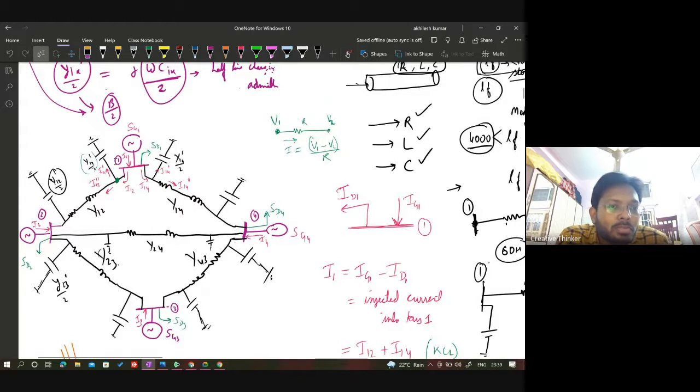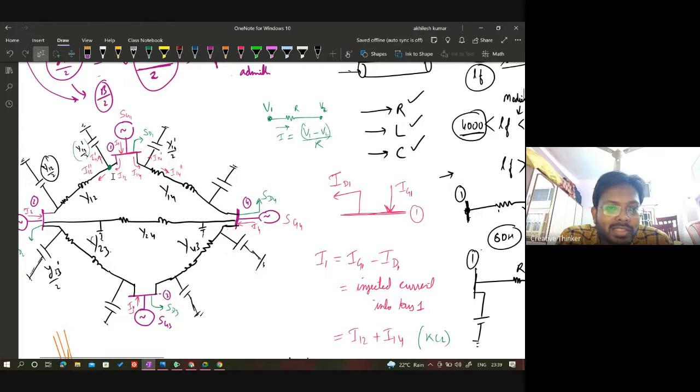Let the voltage at bus 1 be V1, voltage at bus 2 be V2, voltage at bus 3 be V3, and voltage at bus 4 be V4. So the I12 dash I can write as V1 into Y12 dash divided by 2.